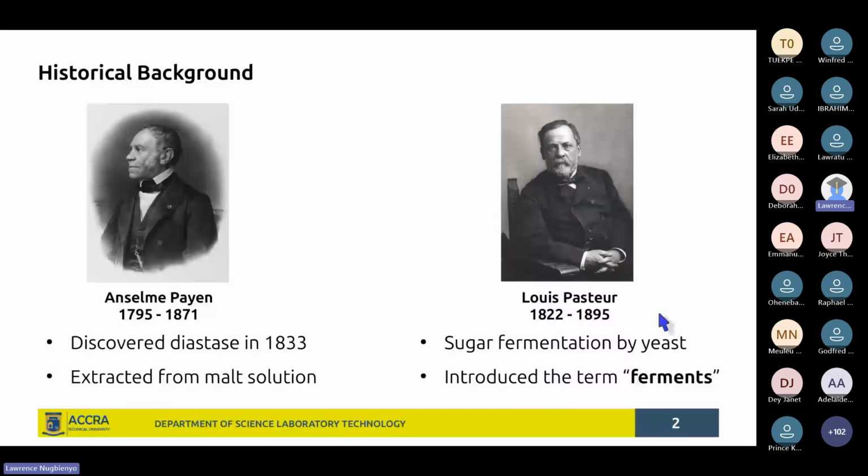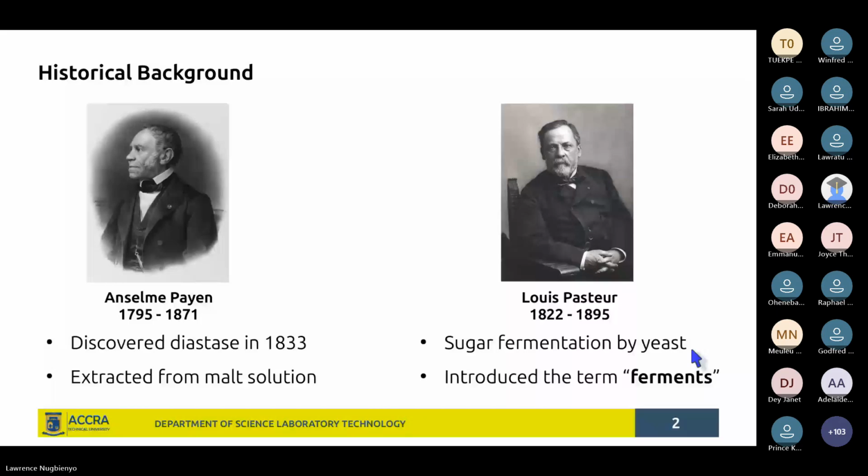And he was the first to introduce the term ferments. So he gave the name ferments to the substances in the yeast which are responsible for the fermentation process, or the digestion process which was occurring on the sugars by yeast.